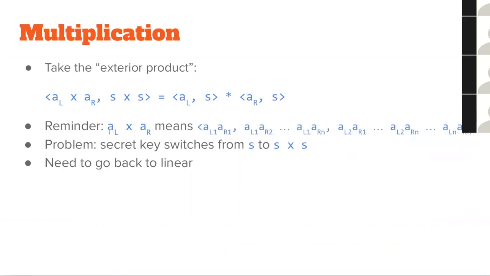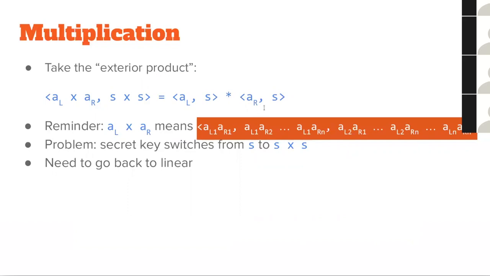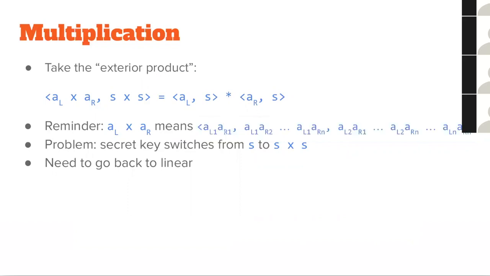If you imagine AL is a vector with 10 elements and AR is a vector of 10 elements, the exterior product is going to be a vector of 100 elements. It's the first times the first, plus the first times the second, plus the first times the third, all the way up to the first times the 10th. Then you have the second times the first, and so on, all the way to the 10th times the 10th.